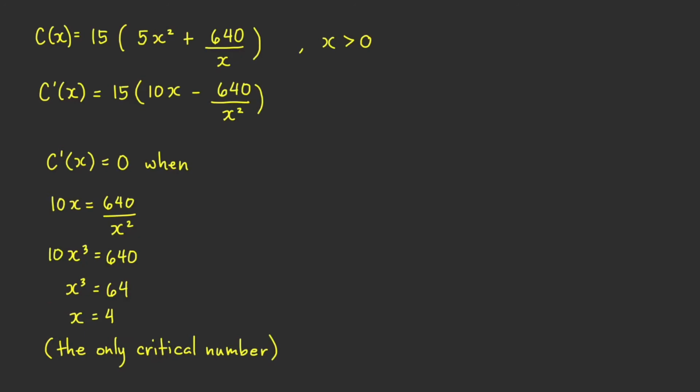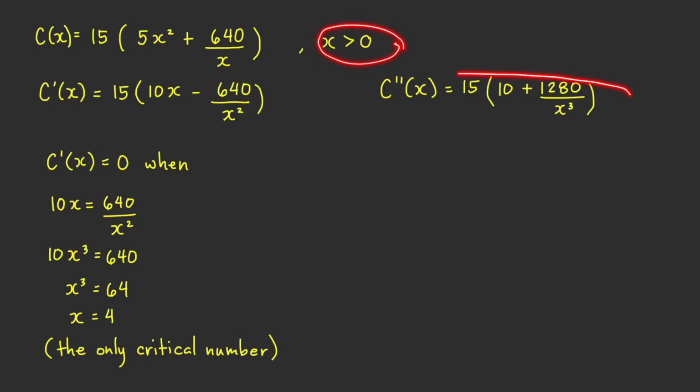So we look for the second derivative. Taking the derivative again, we'll get here 15, just copy the constant, and the derivative of this factor is 10 and then plus 1280 over x cubed.